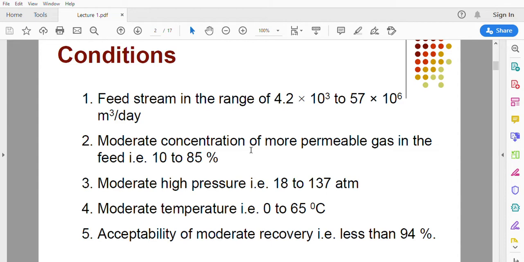If you are applying this process in an application where 90% recovery is acceptable, or 80% recovery is acceptable, then you can use this process. Otherwise, if you want to separate 100% of the gas or 99% of the gas, then this process cannot be used.